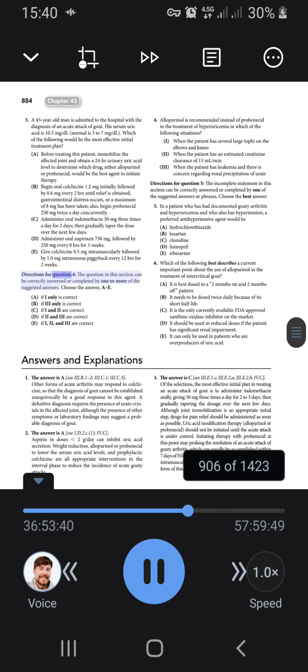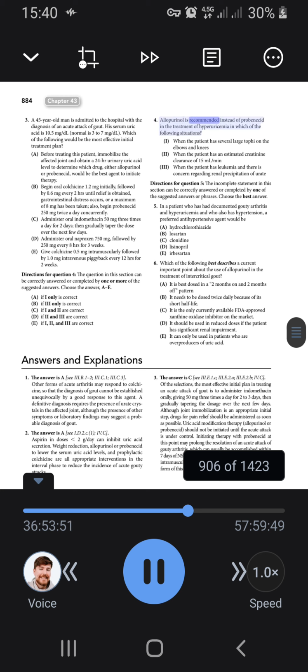Directions for question 4. The question in this section can be correctly answered or completed by one or more of the suggested answers. Choose the answer A. If 1 only is correct, B. If the third only is correct, C. If 1 and 2 are correct, D. If 2 and 3 are correct, E. If 1, 2, and 3 are correct. 4.